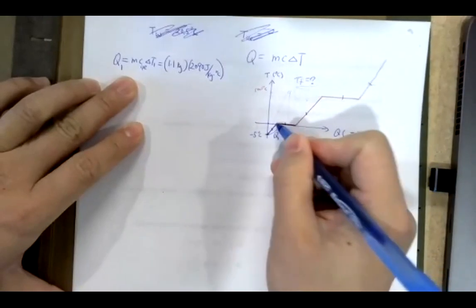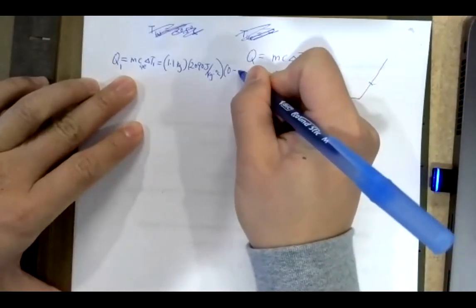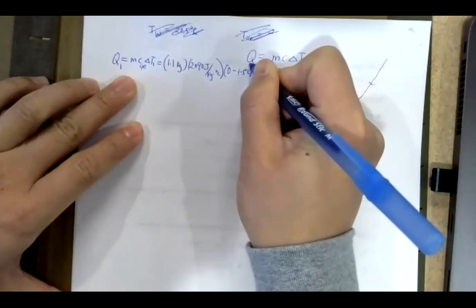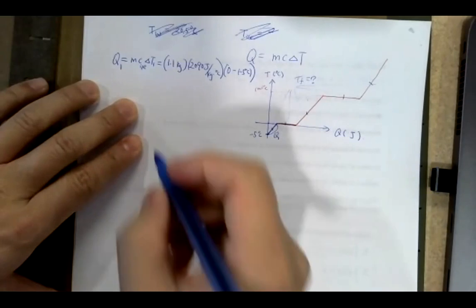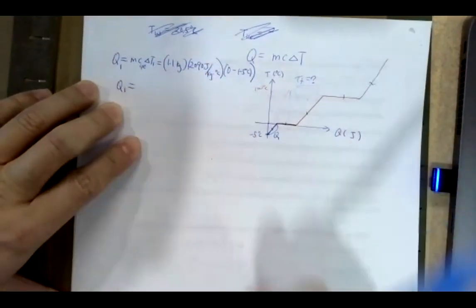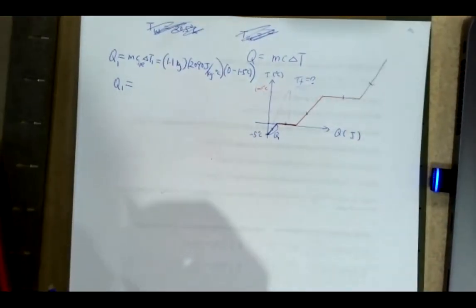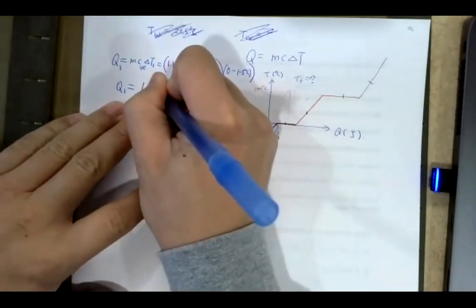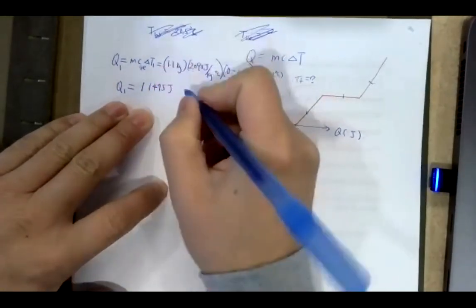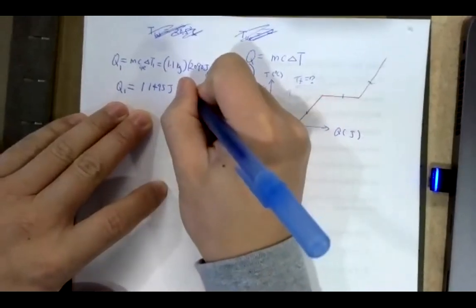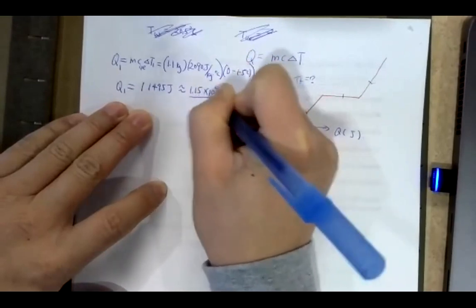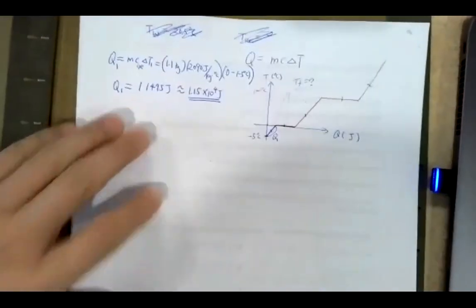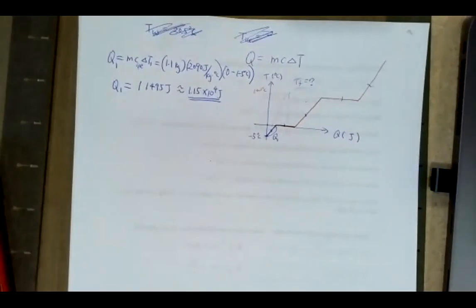Delta T1 from -5 to 0, so 0 minus -5 degrees, okay? So that's 5 degrees. So your Q1 is equal to, you can calculate this, going to be 11495 joules, all right? Or approximately 1.15 times 10 to the 4th joules, okay? So this is how much heat is needed to raise the temperature of ice from -5 to 0 degrees, okay?